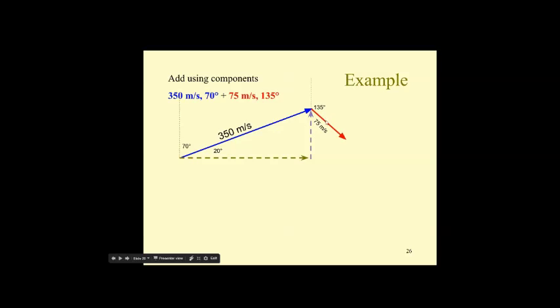For the red one, then put the x component up there, and the y component on the opposite side, forming this right triangle. Then I need this angle on the inside. I take out the 90-degree angle, and then I have a 45-degree angle on the inside. Okay, so those are the components.